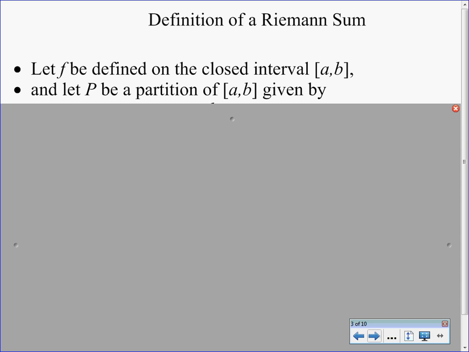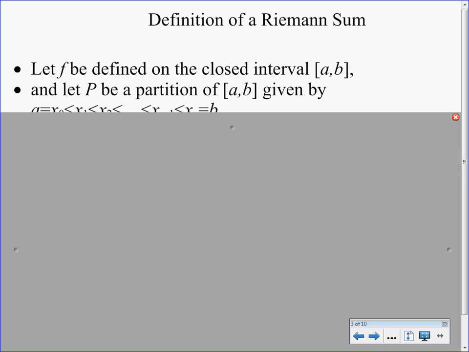First of all, we're going from A to B. We're going to find an area between A and B, which we were doing last time. And we're going to partition A to B. What's a partition? We're going to separate it into pieces that added together equal the whole thing.